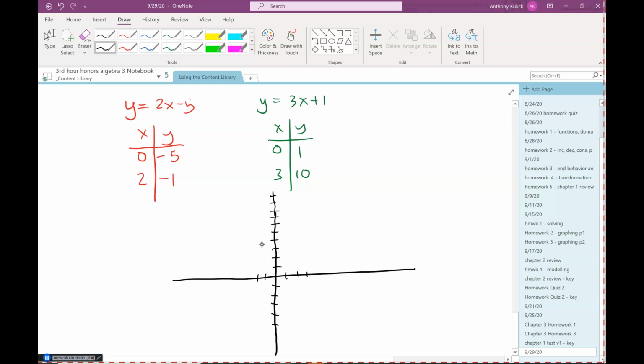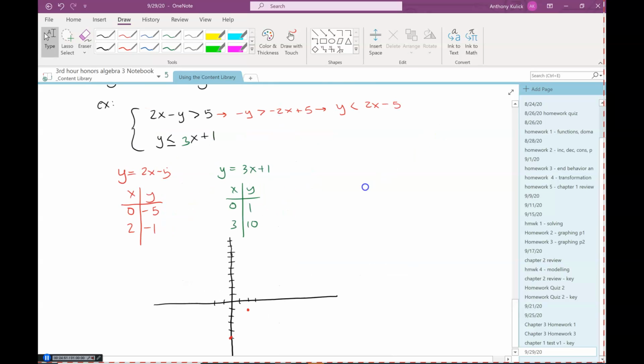So the red one, I have 0, -5, and I have 2, -1. And I'm going to go back now and look at my inequality. So it's a strict less than. So what kind of line should I draw? Should it be solid or dashed? Should be dashed. Okay. And should I be shading above or below? Below, right? Because it's a less than. Same rule as before.